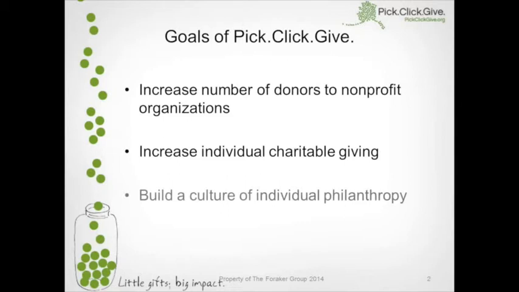So this is a lot of information on this slide, and so we're just going to talk about a little bit of it today. In the Pick.Click.Give training series, there are several presentations on donor development that talk about these triangles more in depth, and I encourage you to participate in those sessions, but we're going to just talk about it in a very overview kind of process. So what we have here are two triangles.